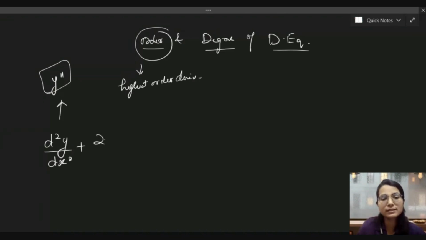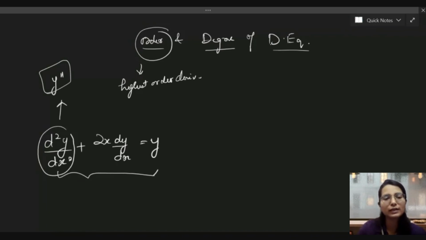So let's say we have this differential equation. Now someone asks what is the order of this differential equation. Your answer would be, what is the highest order derivative present in this equation? We can clearly see that it is 2. The highest order derivative present in this equation is 2. So the order of this differential equation will be equal to 2.